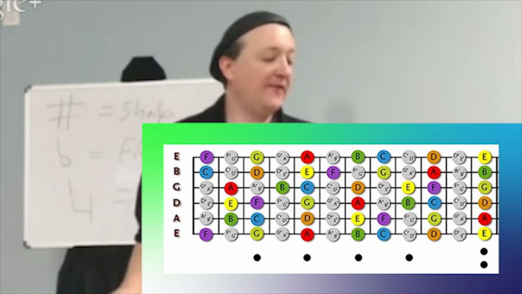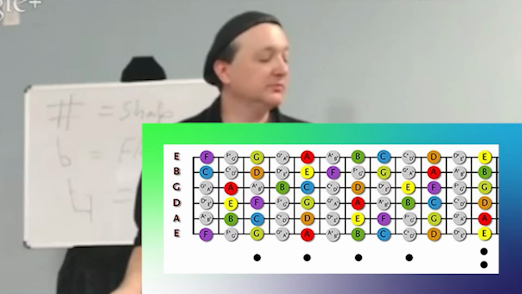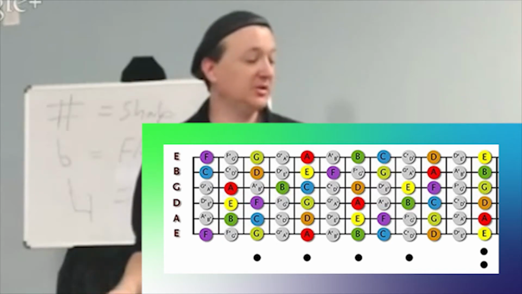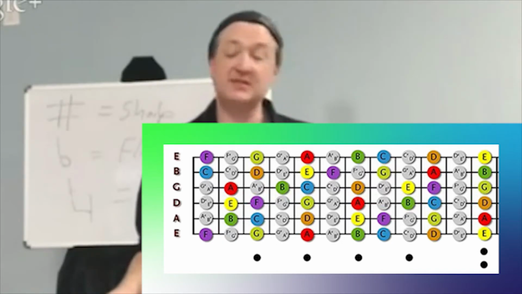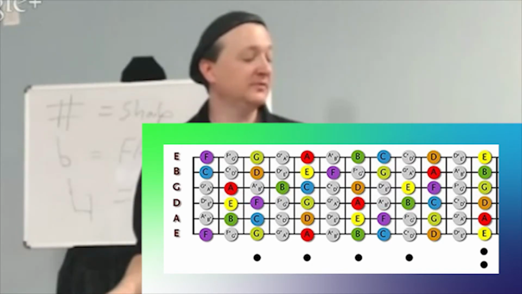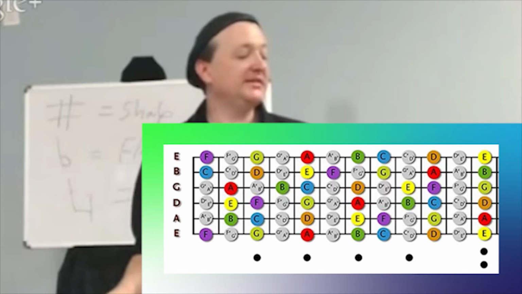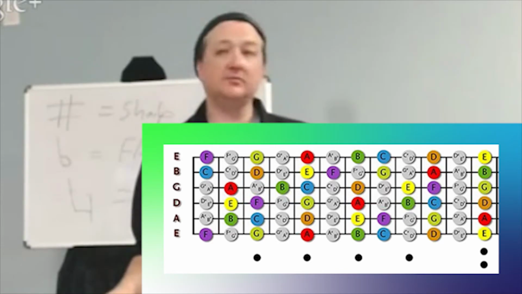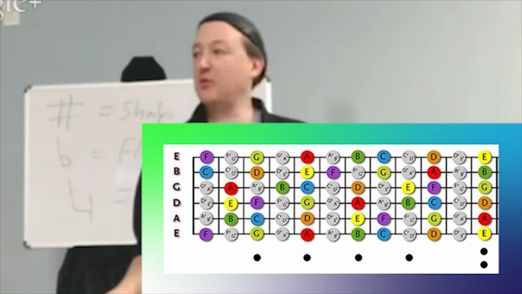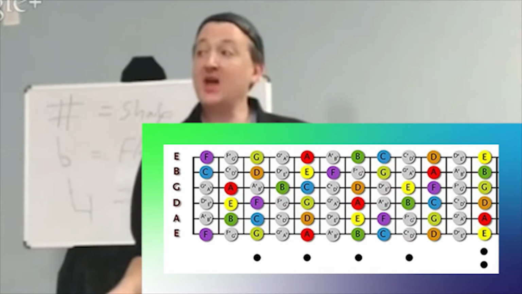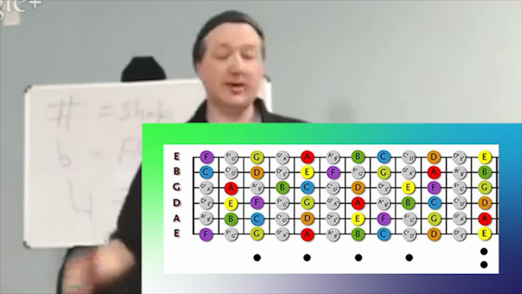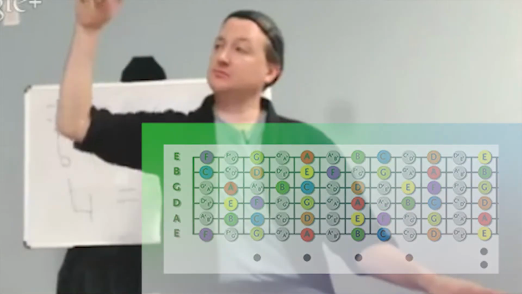If you're looking at the purples, on the low E string, which is the bottom of this thing that happens to be drawn from the player's perspective, the first half step is that F. So you see the first purple F. But if you look at the D string, 3rd fret, and just for fun, everybody put their finger on D string, 3rd fret, that's an F, purple. They're both Fs, but they're an octave apart. So it'd be an F on the low string and an F on the higher string.